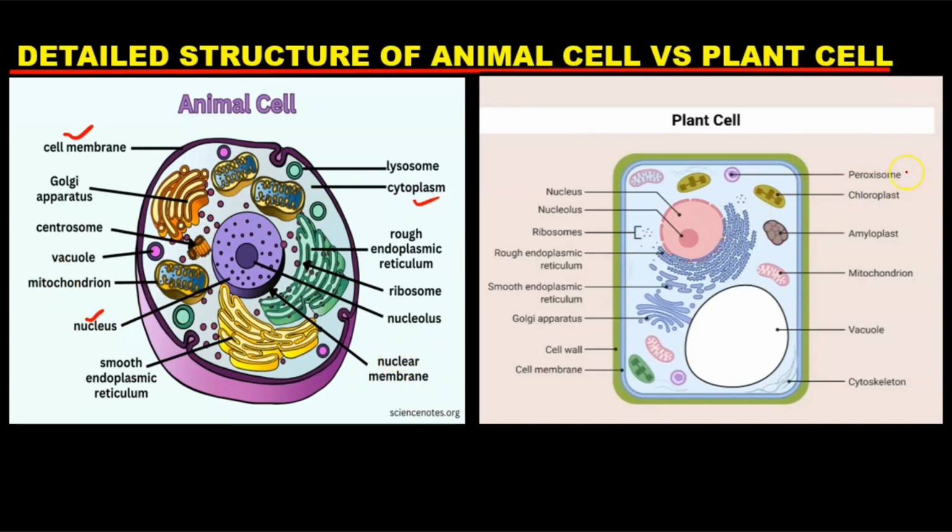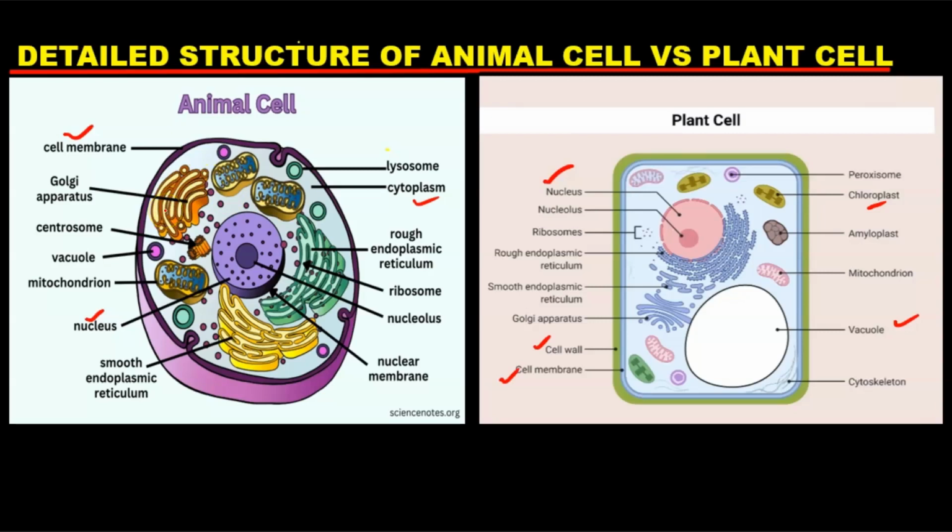Under plant cell here, we have the nucleus, the cell wall, the cell membrane, the vacuole, and the chloroplast. So these are the parts that we've looked at under a simple one. Let us now look at the detailed structure of animal cells and plant cells.